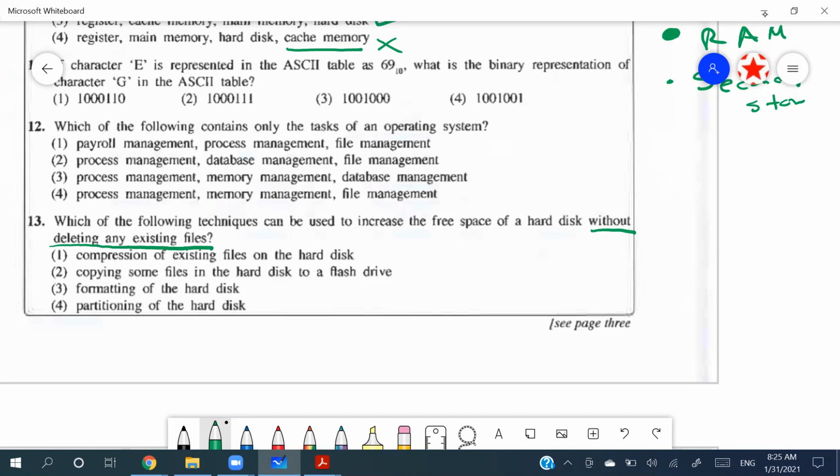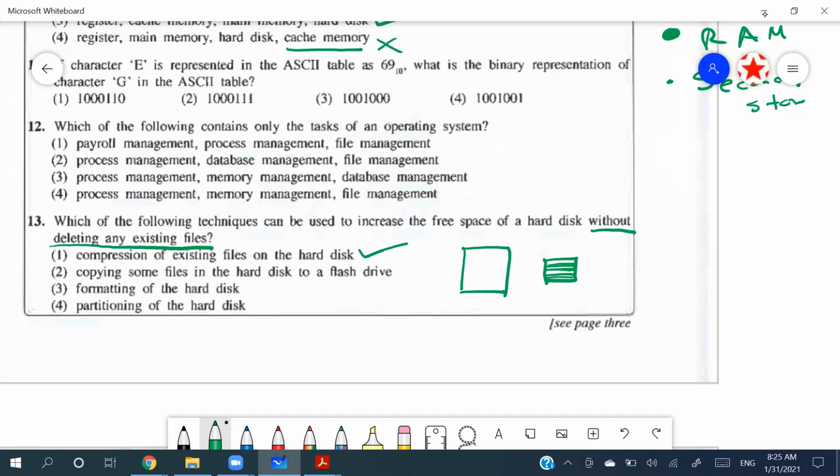So compression of existing files on the hard disk, yeah, that will be a very good option, because with compression, if your file is this big, you can make the same file smaller. But of course, you cannot use the file while it is compressed. You have to decompress or extract the file again to use it.